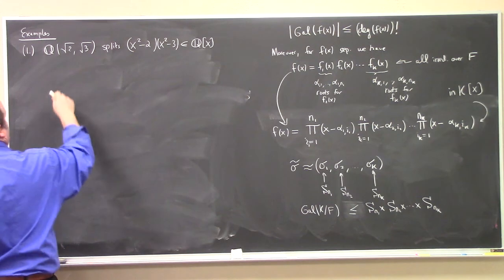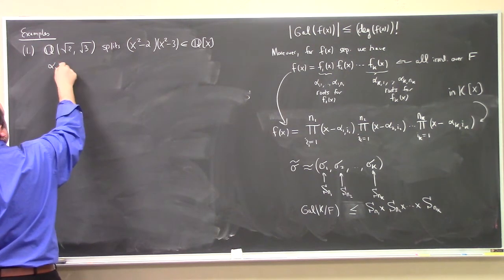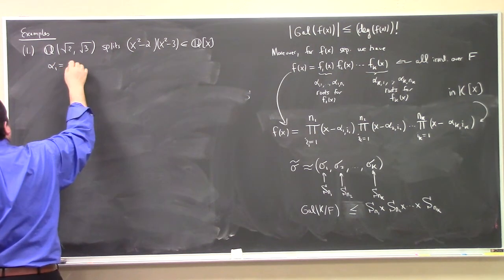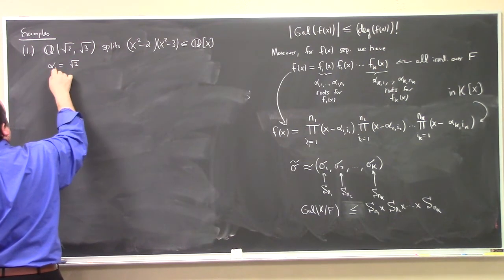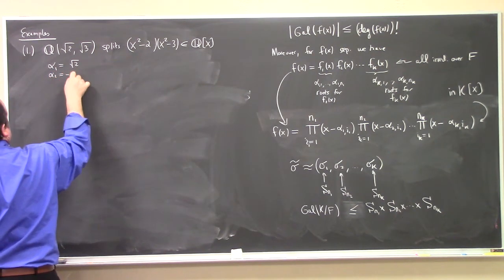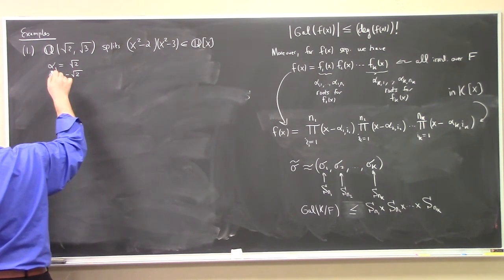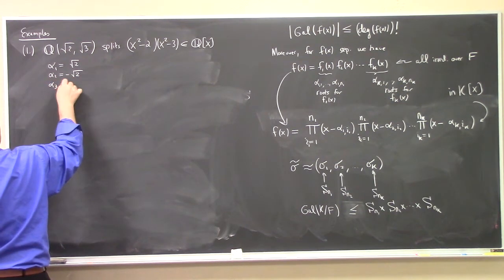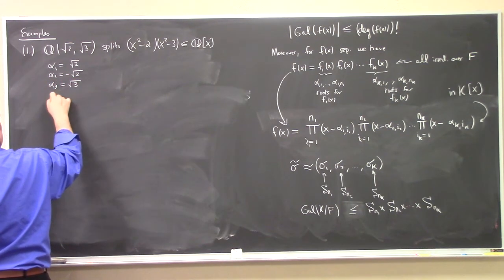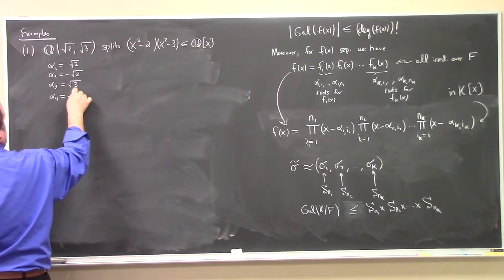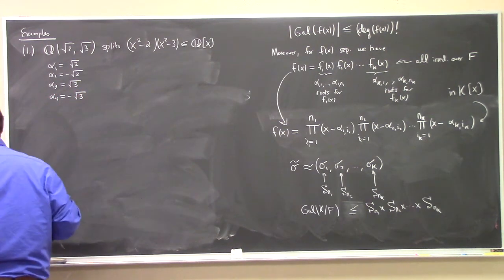And he says label the roots. Alpha 1 is the square root of 2, alpha 2 is minus the square root of 2, alpha 3 is the square root of 3, alpha 4 is minus the square root of 3.